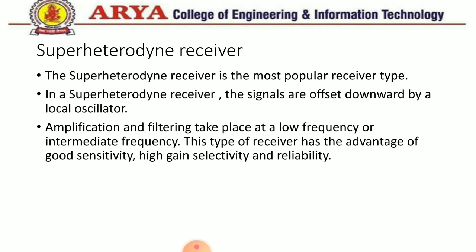This type of receiver has the advantage of good sensitivity, high gain, selectivity, and reliability. The main advantage is that it is able to filter low frequency signals, so that we get good sensitivity, high gain, selectivity, and reliability.